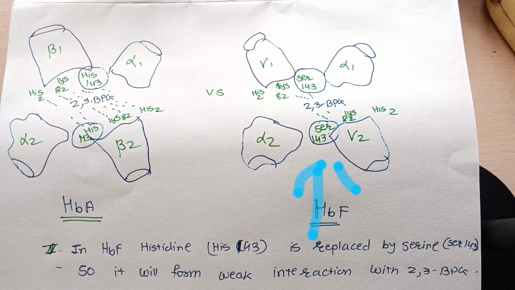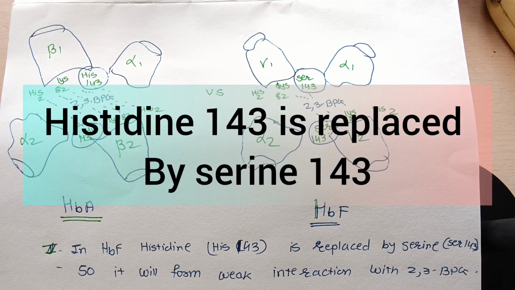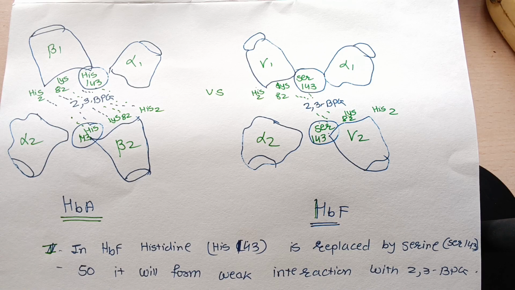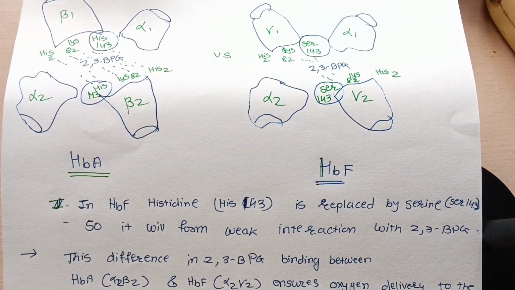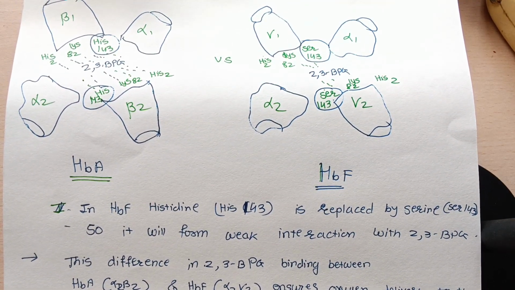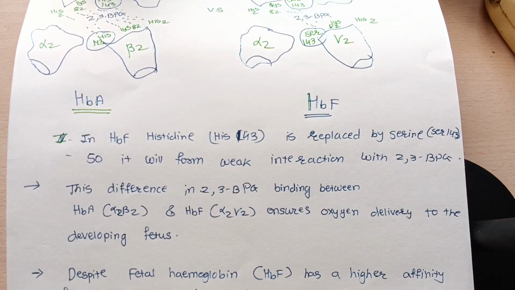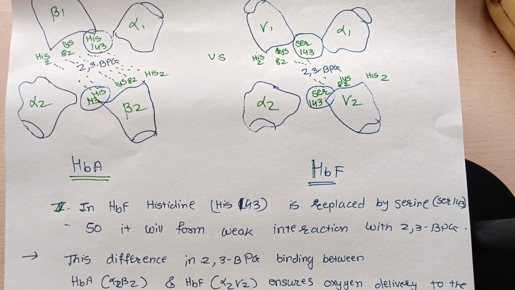But in the fetus hemoglobin you can see that instead of histidine 143 there is serine 143, and serine doesn't have a positive charge, so there is a weak bond formation with the 2,3-BPG, and weak bond formation means there will be higher affinity towards oxygen, and fetus hemoglobin can transfer the oxygen from the maternal blood to the fetus tissue through the placenta. This happens because of the difference between these two amino acids.